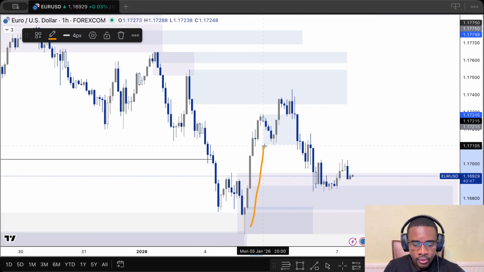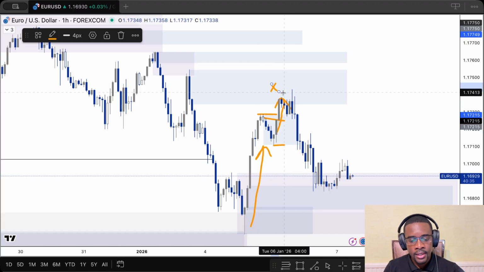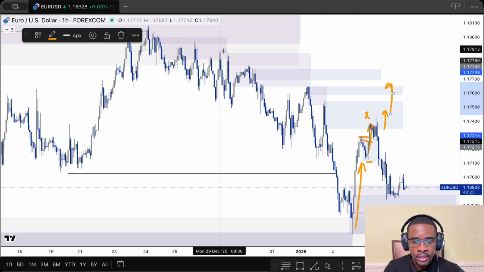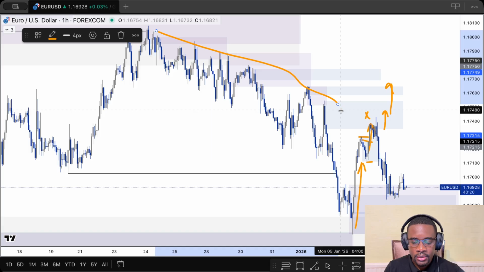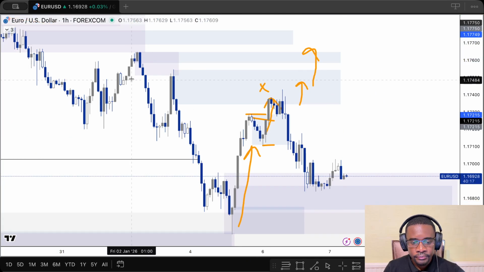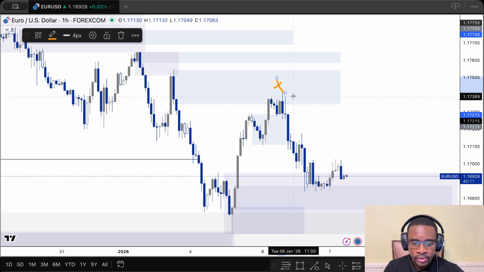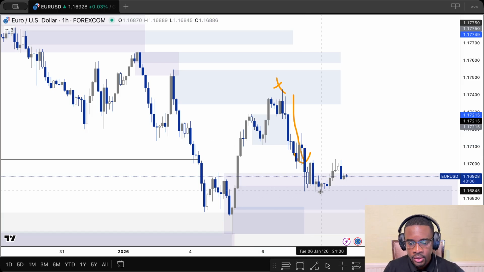On the 1 hour, after this push up, we created this demand when price broke structure, and then came in to mitigate this 1 hour supply, where I was saying I would expect deeper penetration and then possible failure. Why? Because when you look upwards, there's nothing really to stop price. However, the supply has held, and as you can see, it broke structure, and now we are continuing bearish at the moment.